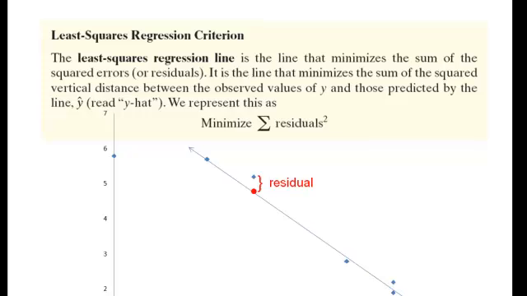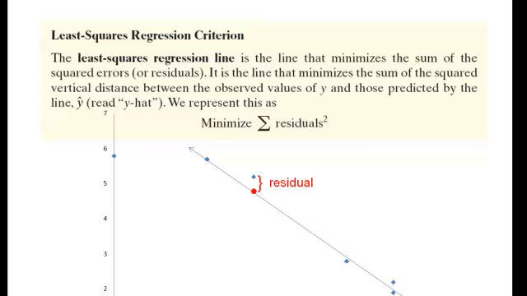And the residual, again, represents the amount by which our model, which is the straight line, misses the observed data point. So in a sense, the residual represents the error in our model. So what we're going to do is square each of the residuals and add them up. We sum them up across all of our data points, and that sum represents the total error in our model, how much our model misses the observed data points.